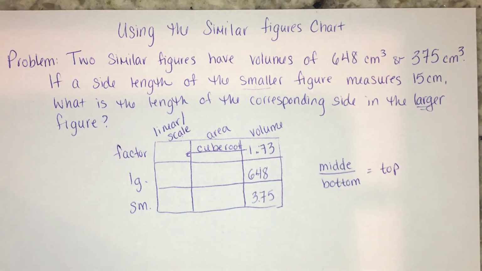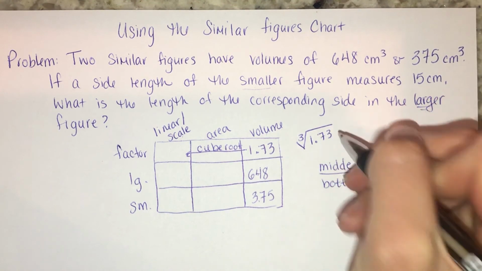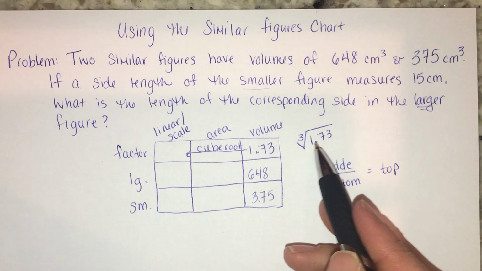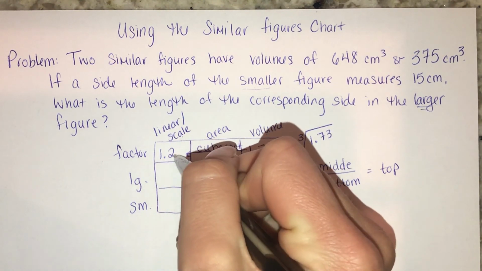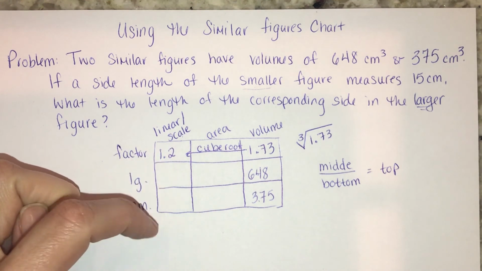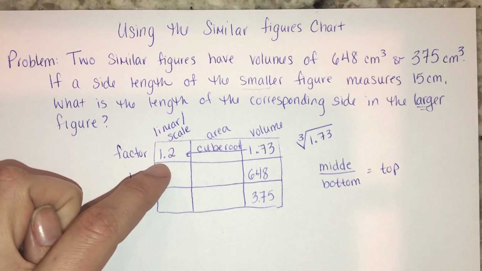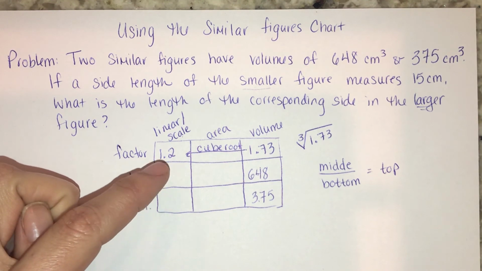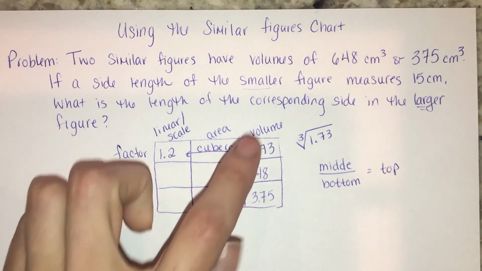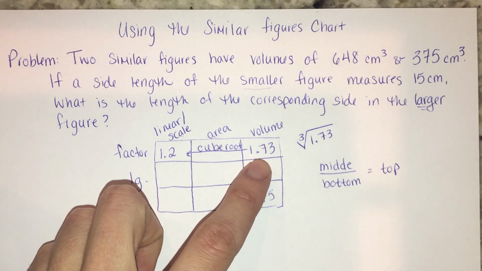If I take 1.73 and cube root it, I get 1.2. So if I have similar figures on a linear basis, they're going to have a scale factor of 1.2 when I compare their side lengths or their perimeters. But if I compare their volumes, they compare at 1.73.